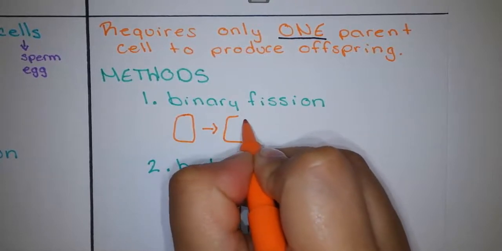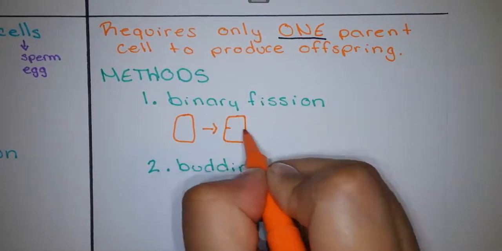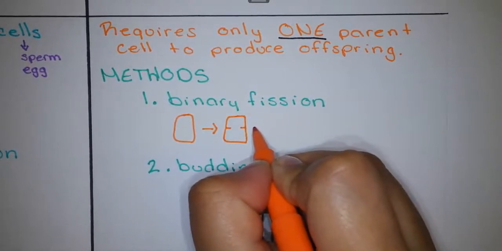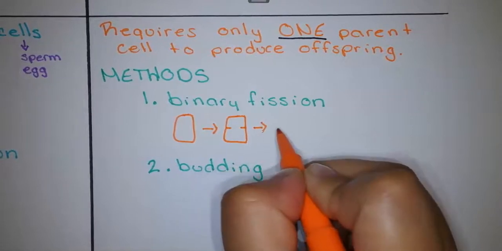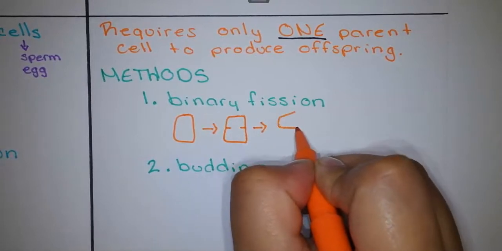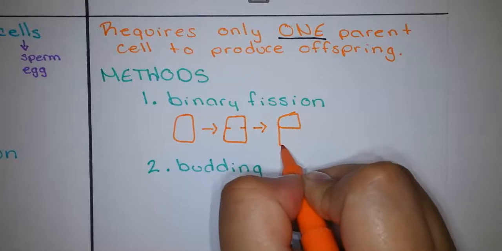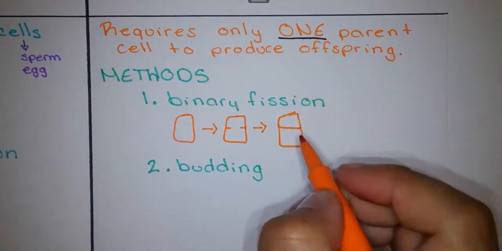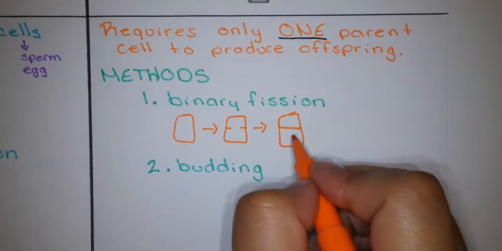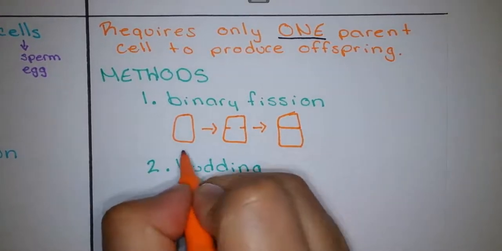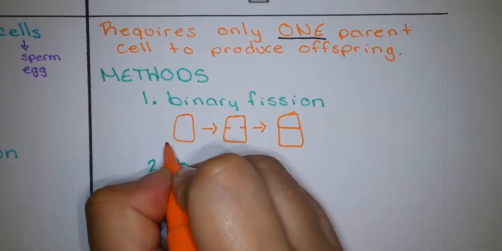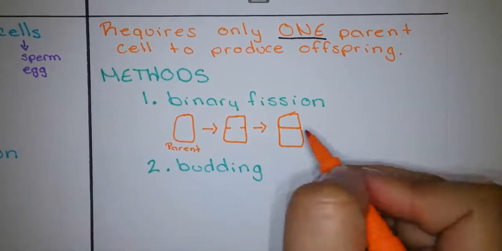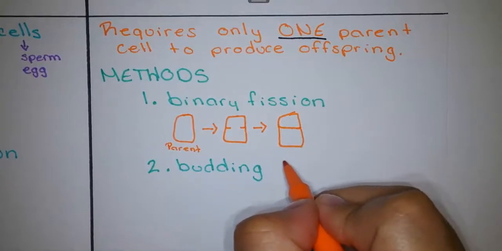So slowly, okay, I'm going to move these little lines right there, until eventually we have two genetically identical, now offspring, or one offspring. Okay, so we have our parent, and then we're going to have two cells.